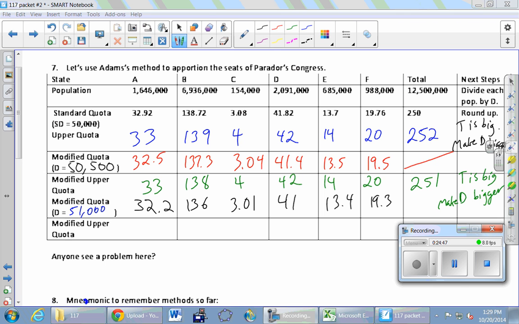So 32.2 becomes 33. That 136 bumped up becomes 137. No, we bump up. We bump it up.